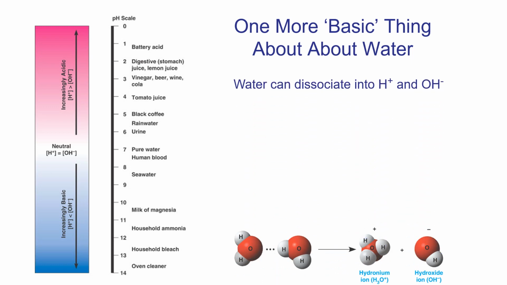It can dissociate or break apart into a hydrogen proton and what's called a hydroxyl. A hydroxyl is just an oxygen and a hydrogen stuck together. Remember that the hydrogen atom consists only of one proton and an electron. There isn't even a neutron in hydrogen, which is kind of weird, unless it's deuterium or tritium, but we're not going to worry about that.